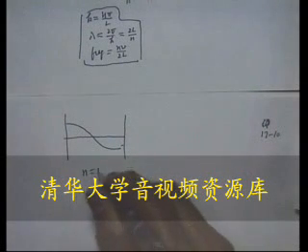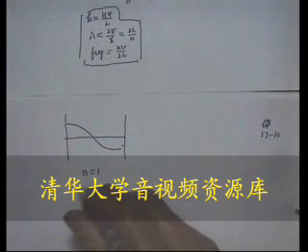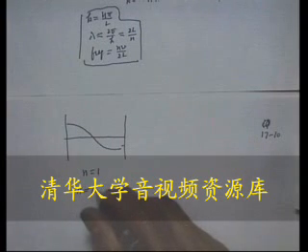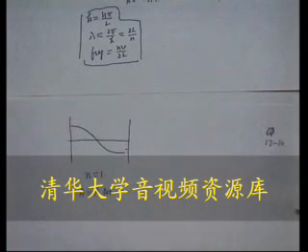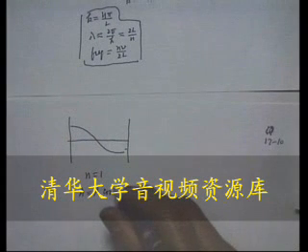N is equal to 1. So A is equal to A0 cosine of pi over L x.